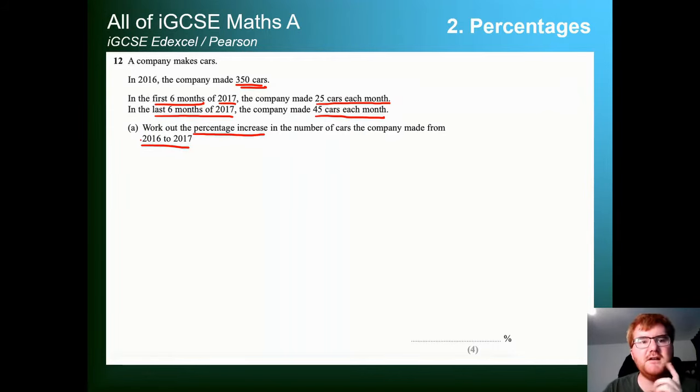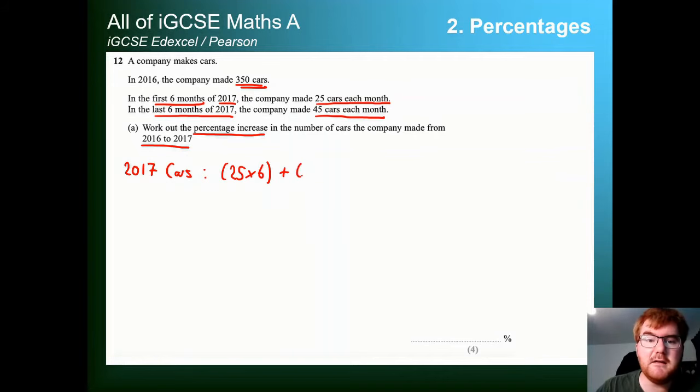So our first task here is to work out how many cars produced in 2017. So if we work this out here, well, we have 6 months of 25 cars, so we're going to do 25 times 6, and then we're going to add on the last 6 months, so that's going to be 45 times 6.